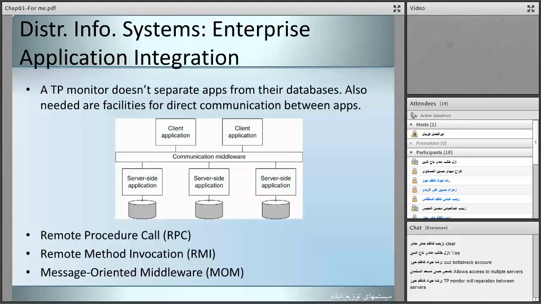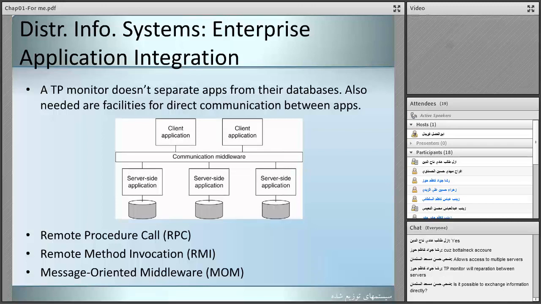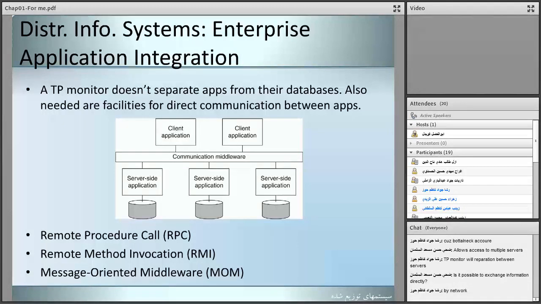The name is clear. For example, have you used remote desktop? It means have you connected to another computer, to the desktop of another computer, and controlled the mouse on that machine? Yes, by network.